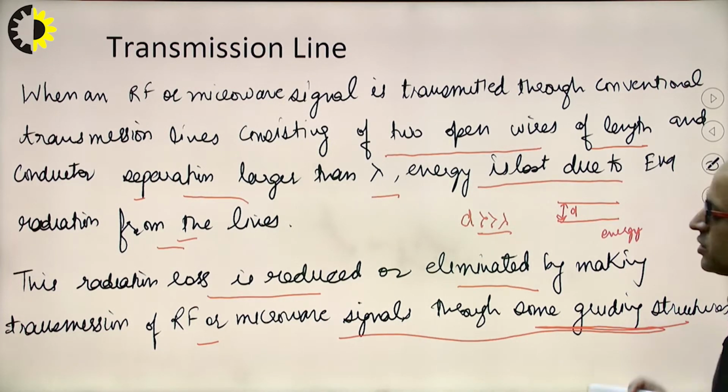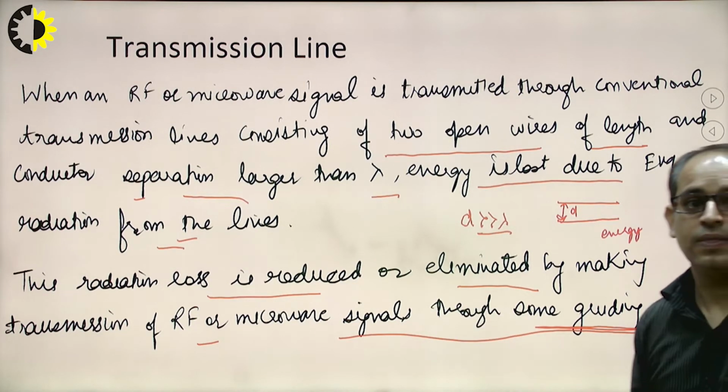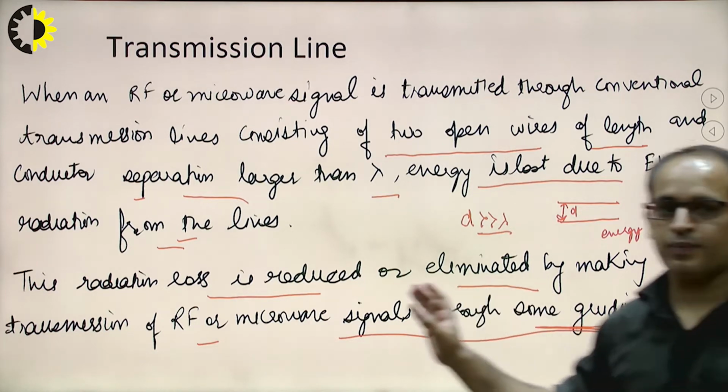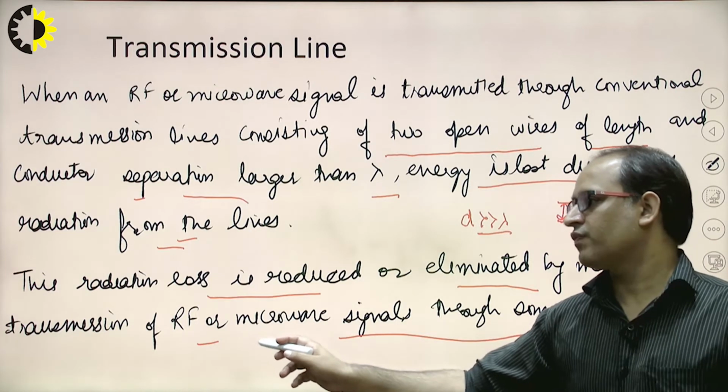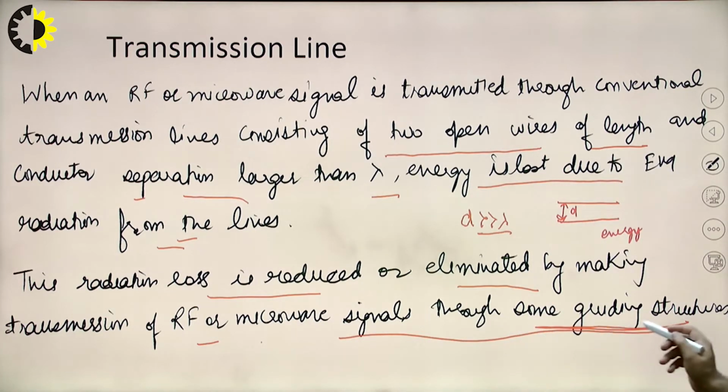So this radiation loss is reduced or eliminated by making the transmission of RF or microwave signal through some guiding structure.